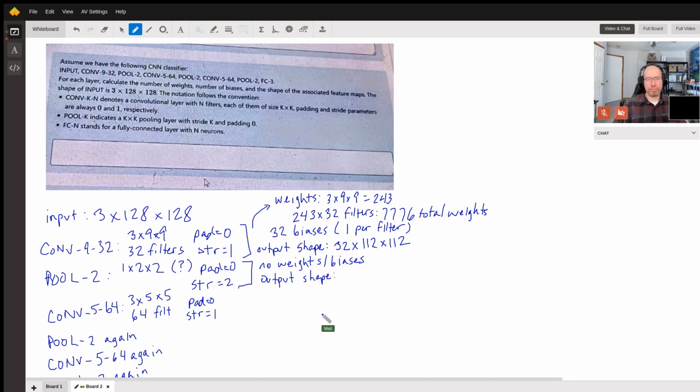Oh, actually, this is interesting. I have to think about this. Well, we'll have to worry about this in a minute. The output shape is going to presumably be 32 by, I think that will be 56 by 56.